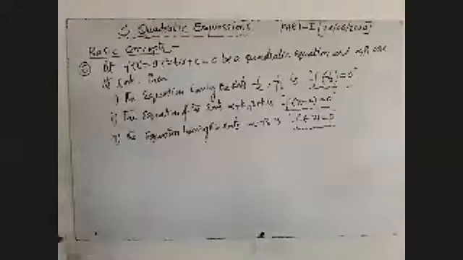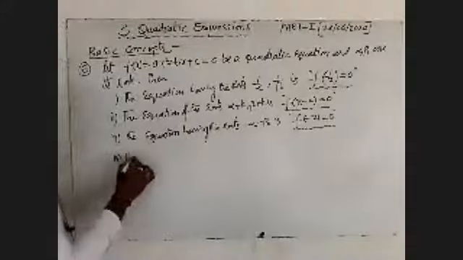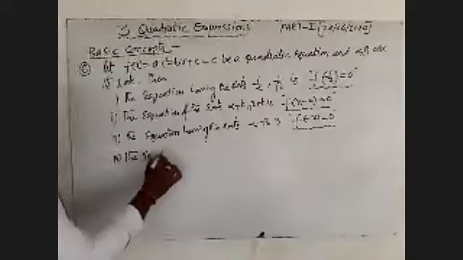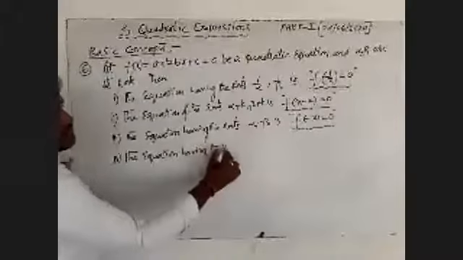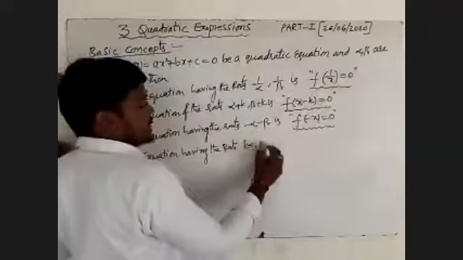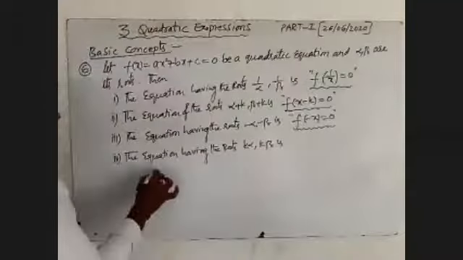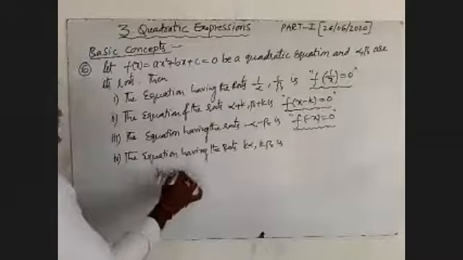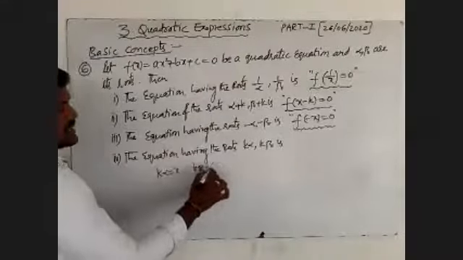Now I am going to the last one, that is the equation having the roots k alpha comma k beta. Observe what I have to write. K alpha is nothing but x, and k beta is nothing but x.